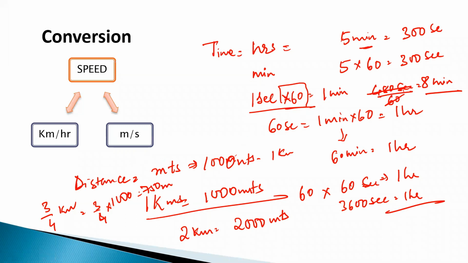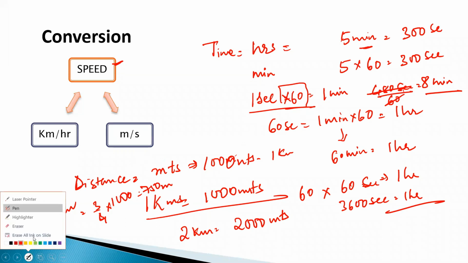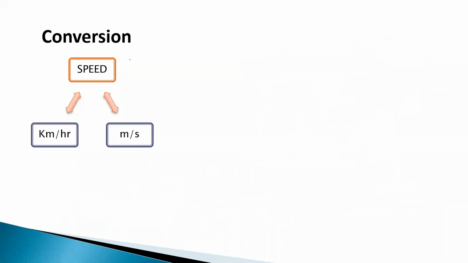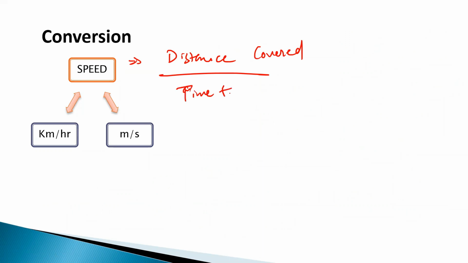But speed is something which is expressed in this way. Speed is something which is expressed as distance upon time. Speed is expressed as distance covered and time taken to cover this distance. I repeat, speed is nothing but the distance covered and the time taken to cover the distance.